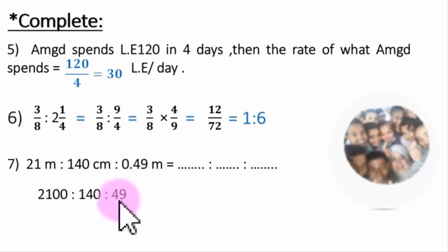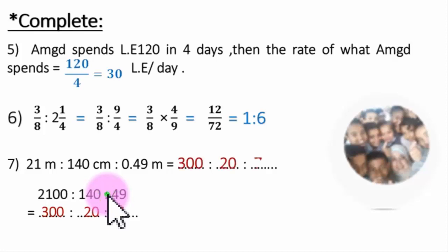You get 49. We can simplify by dividing all the terms by 7. 2100 divided by 7 equals 300. 140 divided by 7 equals 20. 49 divided by 7 equals 7. So the ratio is 300 to 20 to 7.